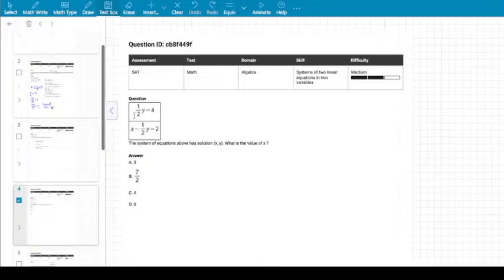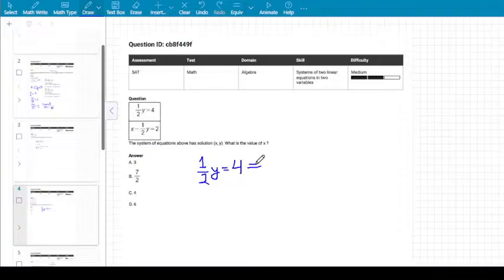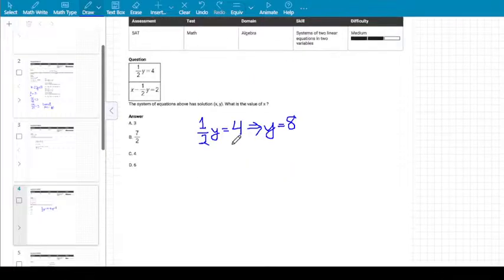So we'll have to solve for x. So here the first one doesn't have any x term, so we can simply solve it for y. So let us do that. So half of y is equal to 4. So y will be equal to 8. Okay. Now, we can use this to solve the second equation.